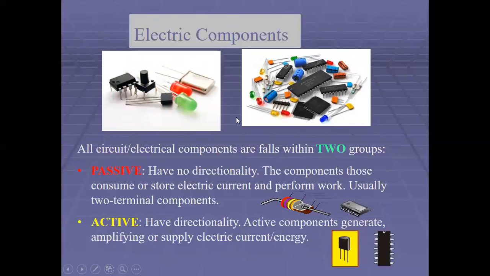Usually those are two-terminal components, for example a resistor, a capacitor, an inductor. Whereas the active ones have directionality. Active components generate, amplify, or supply electricity, current, or energy. They are the source, like a transformer, an IC.